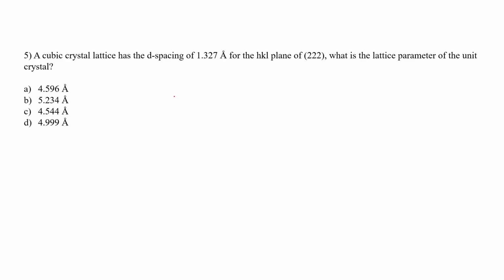For the cubic system, you all know that your d HKL is equal to your A, which is your lattice parameter of the cubic unit cell. For a cubic unit cell, A, B, C all are the same.